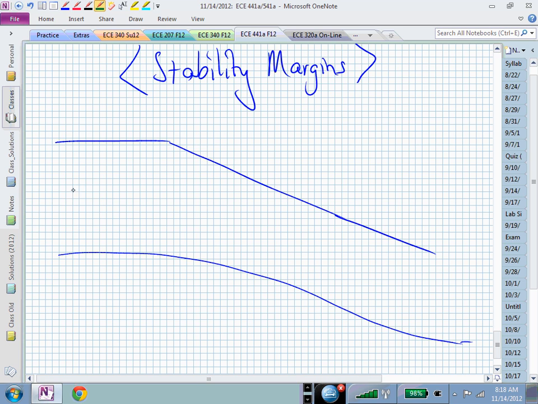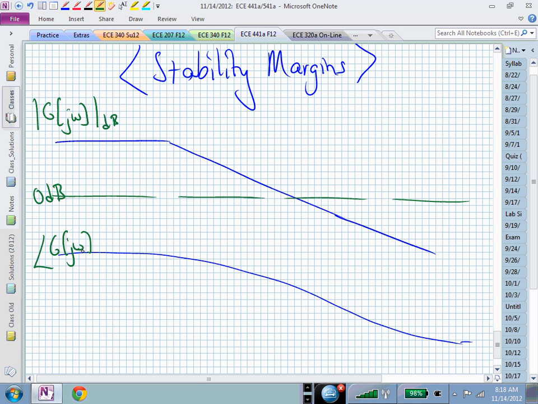Let's say that this is my 0 dB line for the magnitude. This is g of j omega in dB. This is the phase of g of j omega. And suppose now that I have this dashed line representing the minus 180 degrees.